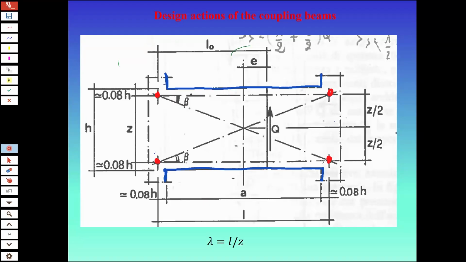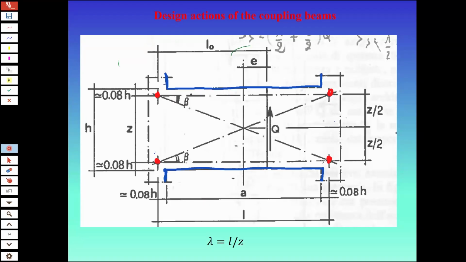About 2 meters. Okay, so 3 meters minus 2 is 1 meter. So this coupling beam is 1 meter deep and 1.5 meter long. Can we call it a beam in the conventional structural mechanics assumption?